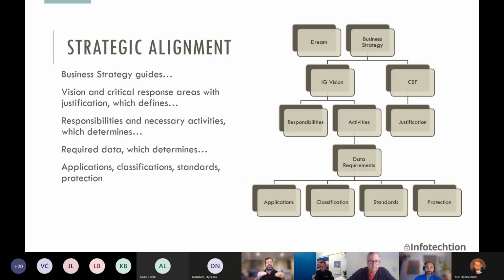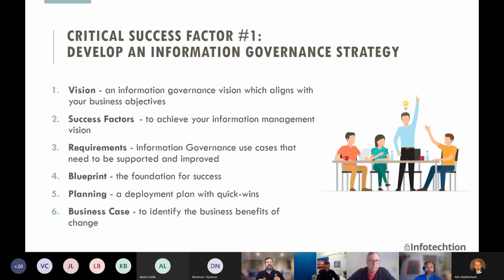So what you want to do, go back one, there you go, is build your success factors: this is what we need to achieve in order to achieve that vision. The vision might be something about greater compliance, greater collaboration, all of those things combined. Whatever your goals are, decide what your success factors are, and from that you can organize your requirements.